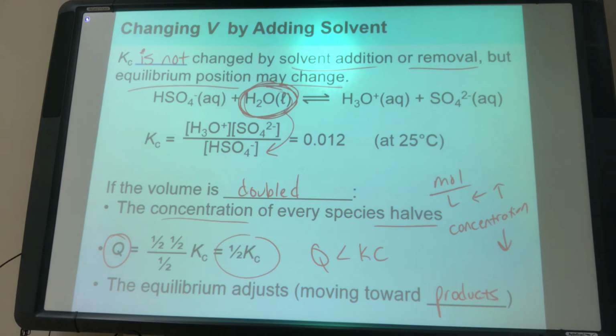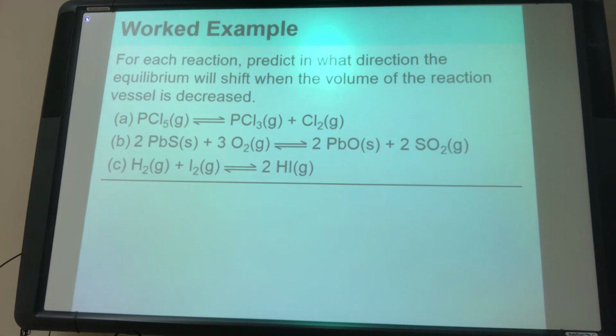Okay? All right, let's do some practice. For each reaction, predict in what direction the equilibrium will shift when the volume of the reaction vessel is decreased. All right, so let's talk about what we're doing in these problems. What's happening? So my volume is decreased. Okay, volume is decreased. So volume goes down.